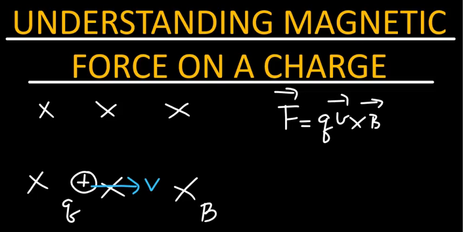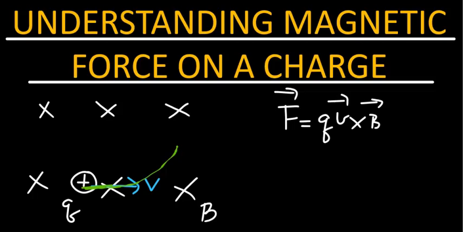We know the velocity is to the right, the magnetic field is into the board. This is a positive charge. So as we have discussed a few minutes ago, it will be deflected upward. It would feel a force in an upward direction. So that means it would have a gradual deflection like that upward.